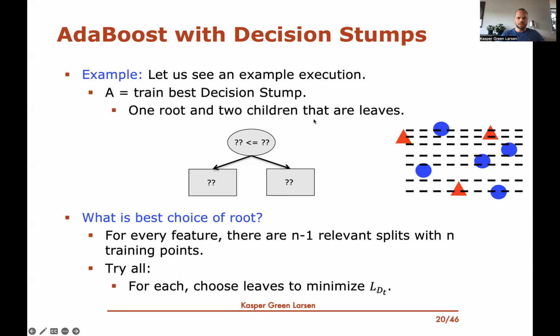For every one of them, we try to create a decision stump where this is the question we ask in the root. So we partition the data into two halves along this line. Then I know which points end up in the left leaf and which points end up in the right leaf. For each leaf, I can look at what is the best prediction to make in this leaf with respect to this weighted 0-1 loss. Nothing hard in looking at this.